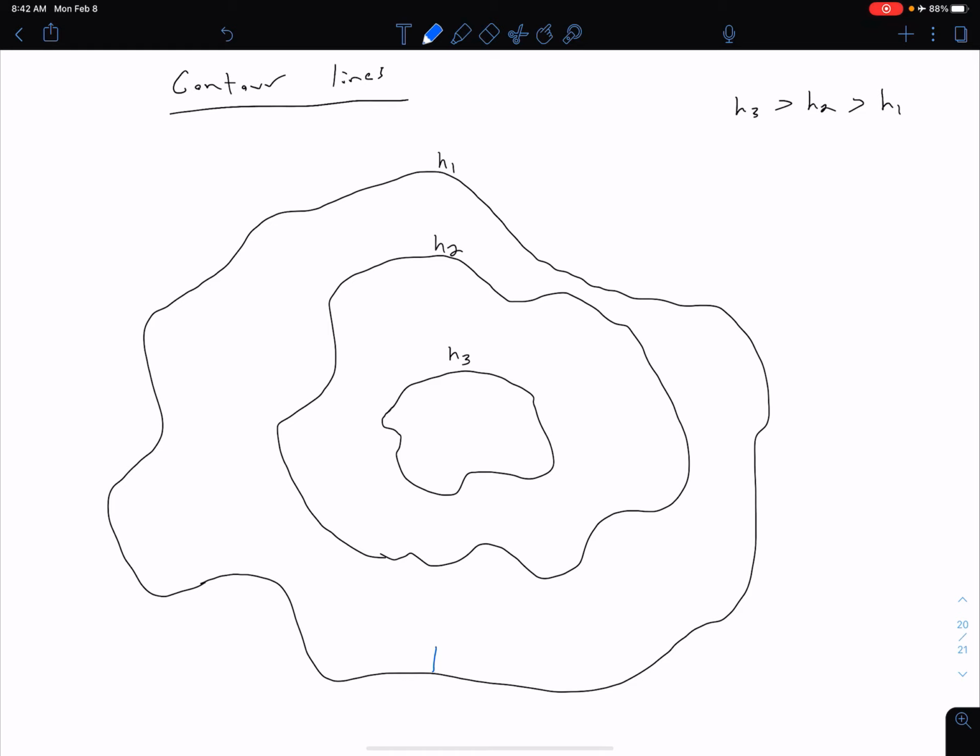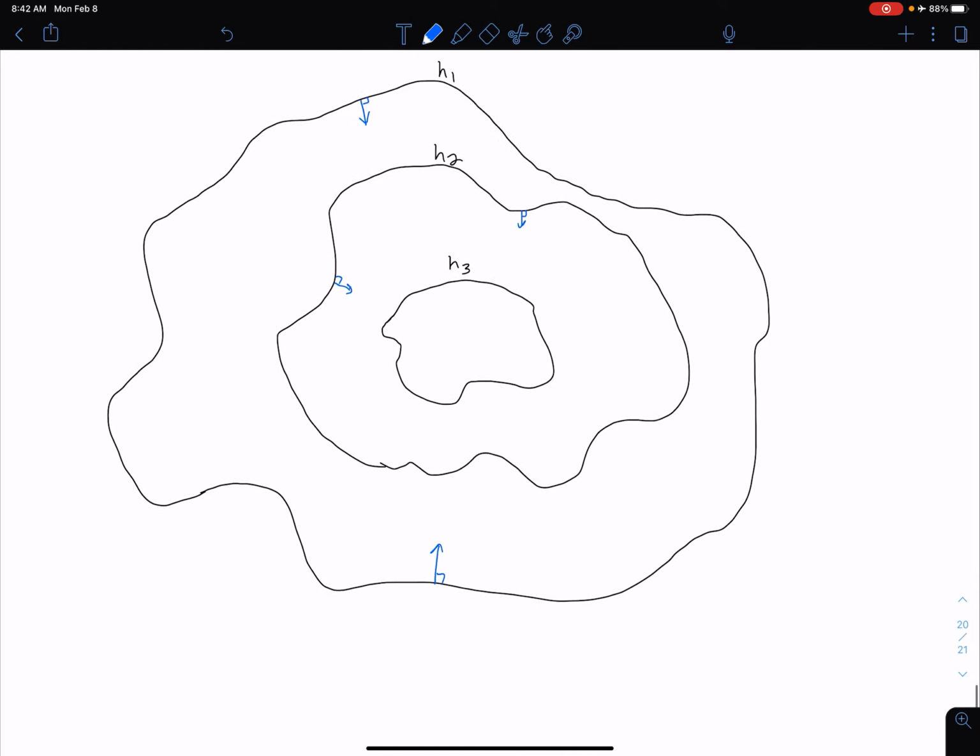The vector is going to be pointing in the direction of increase, and the magnitude is going to be the maximum rate of increase at that point. We could have these at any point. What we're going to talk about a little bit later is that these are all going to be perpendicular to those contour lines. However we draw them, they're going to be perpendicular to these contour lines.